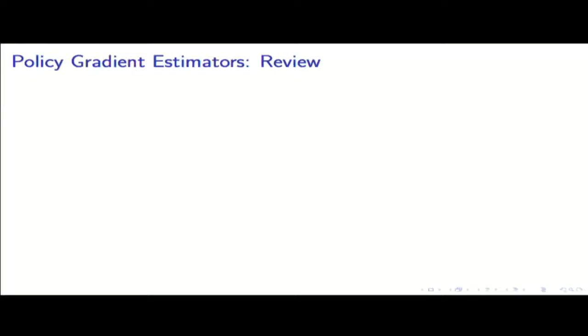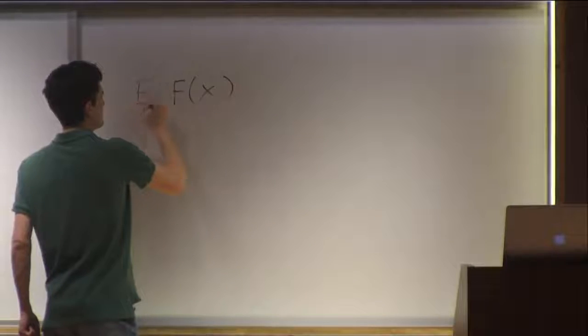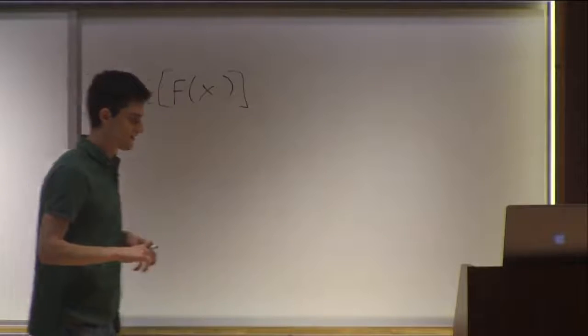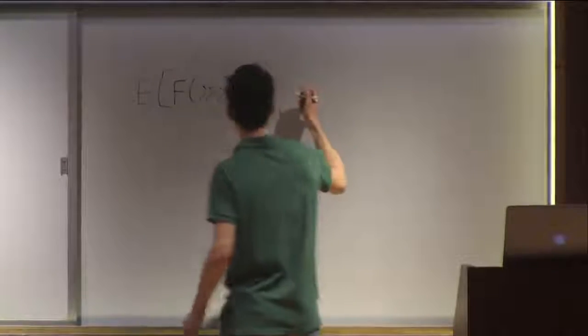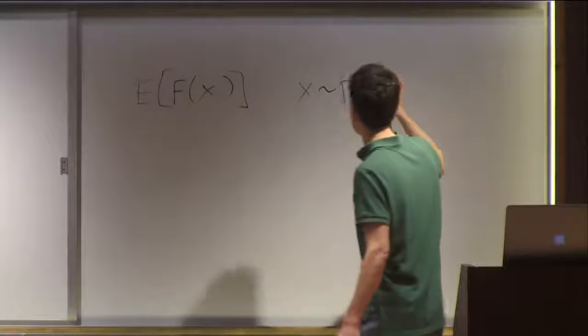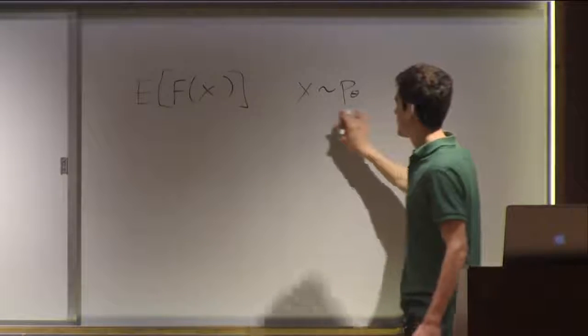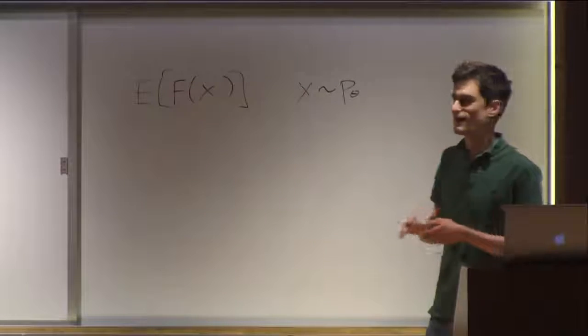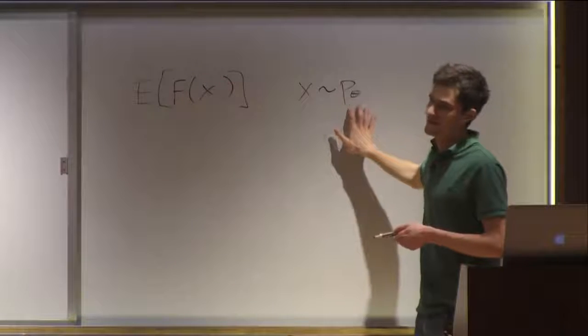But anyway, just to set up the problem, let's say we have an objective function f, and we have a random variable x, and our objective is the expectation of f of x. And x is sampled from some parameterized probability distribution, which we have control over. So we have this probability mass function p, which has parameter theta, and this is something we have access to.